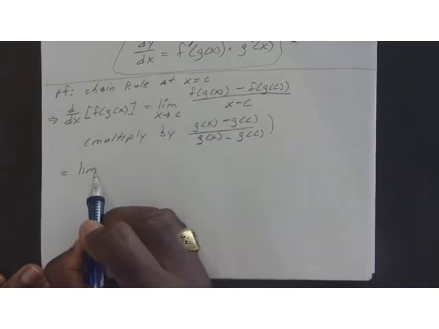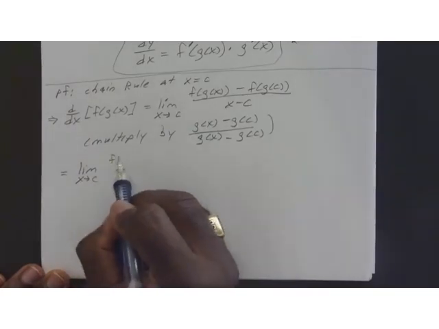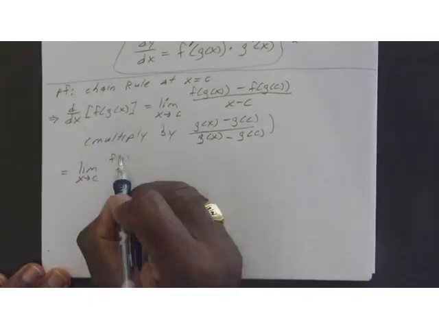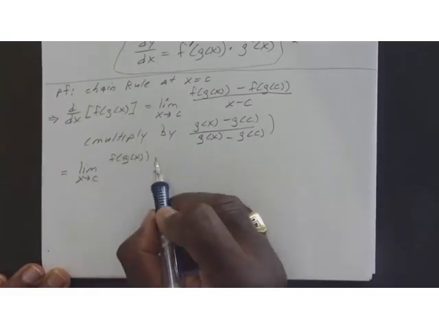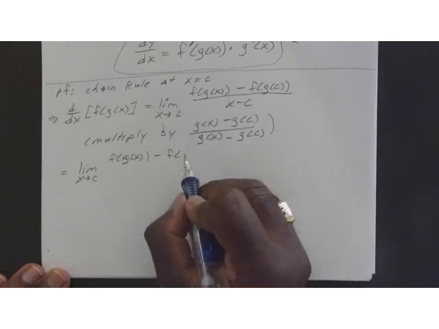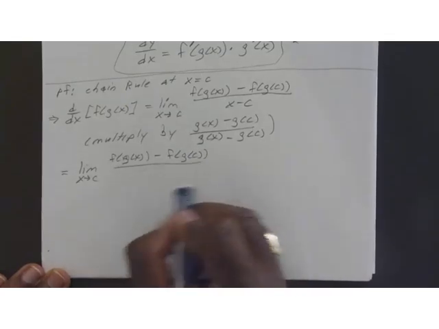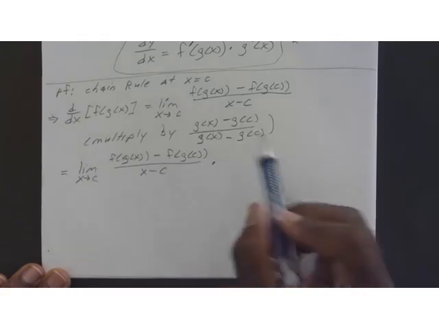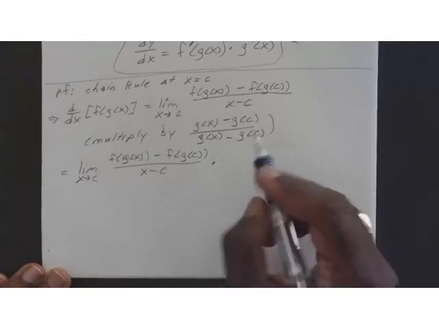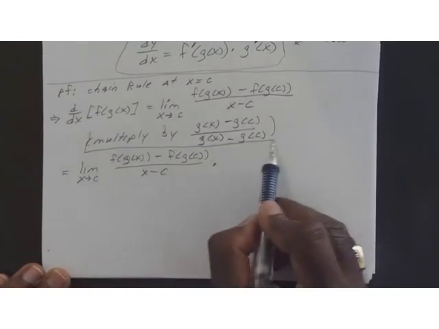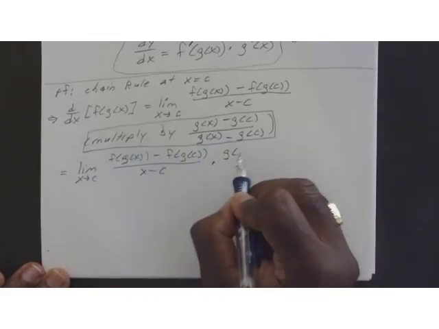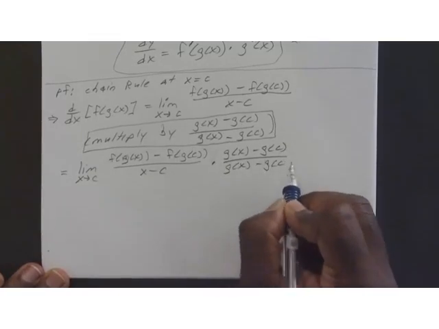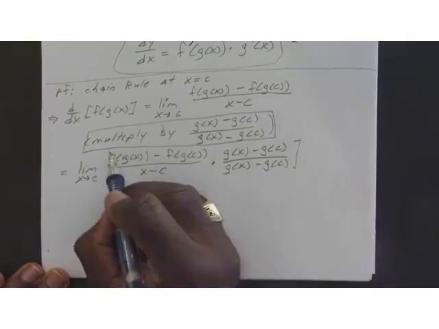So that gives us the limit as x approaches c of f of g of x minus f of g of c divided by x minus c times g of x minus g of c, I'll draw a little box around that one, g of x minus g of c divided by g of x minus g of c. And we'll just enclose all of that.